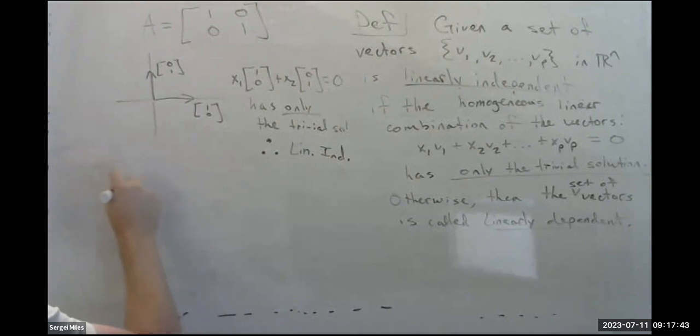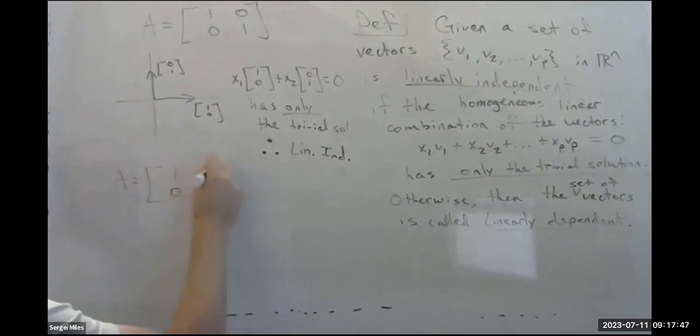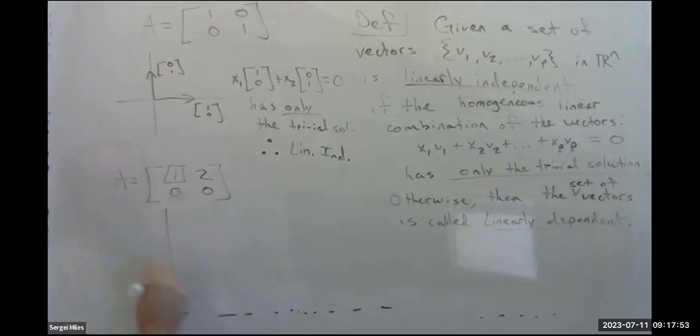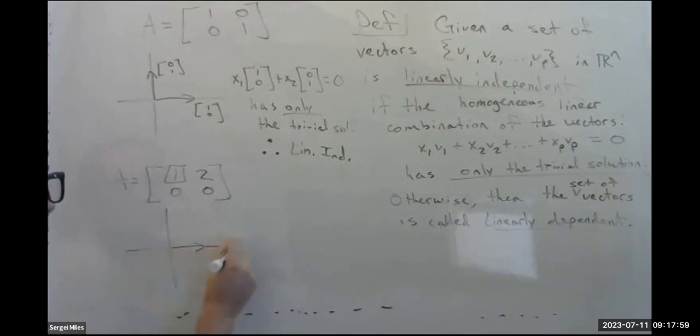A dependent example would mean I have a free variable. So consider something like this, right? Now I only have the one pivot. I have a free variable in the second column. But when I look at the picture here, here's my vector 1, 0, and then here's my vector 2, 0.